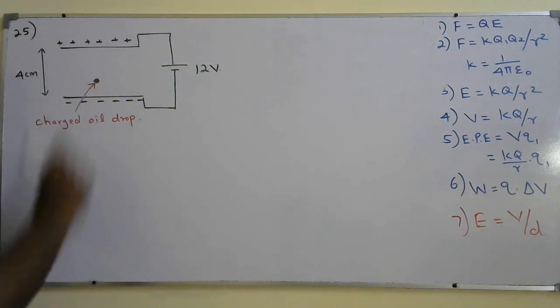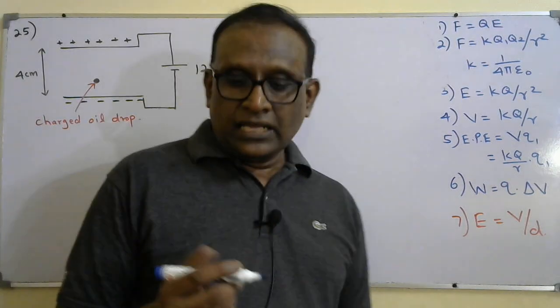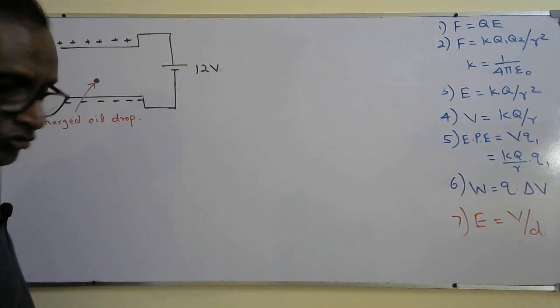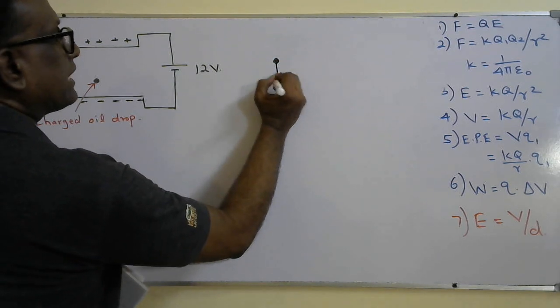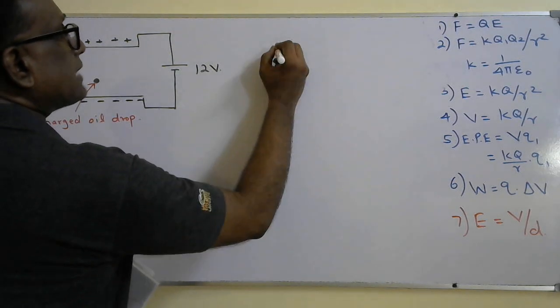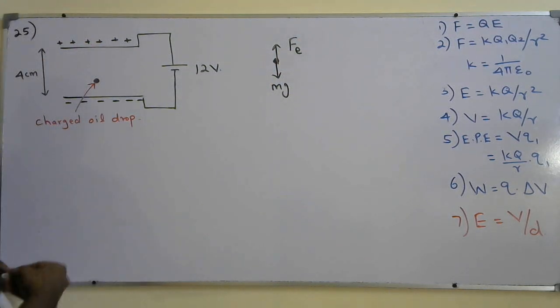Since it's floating, we know the plates are kept parallel. If I draw the free body force diagram for the oil drop, there are two forces. The weight will act vertically down. To balance it, the electrostatic force should act vertically upwards. It should balance the weight.